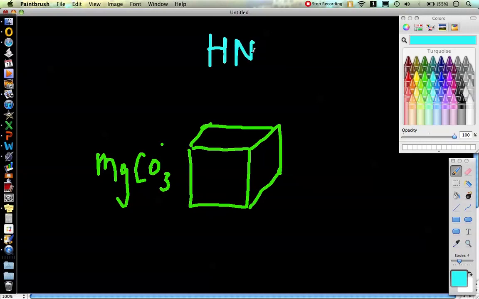We often forget, I think, about nitric acid, so we'll use nitric acid. So you've got all these particles here of nitric acid floating around in this beaker.